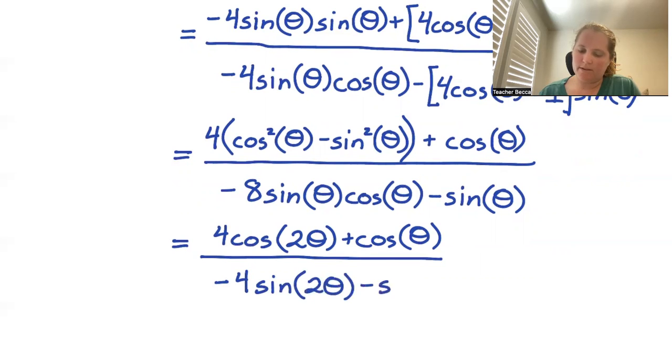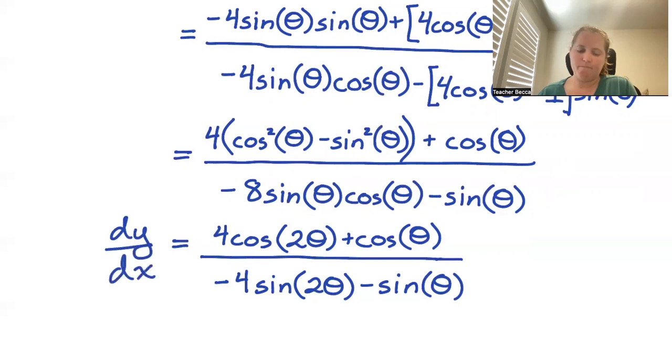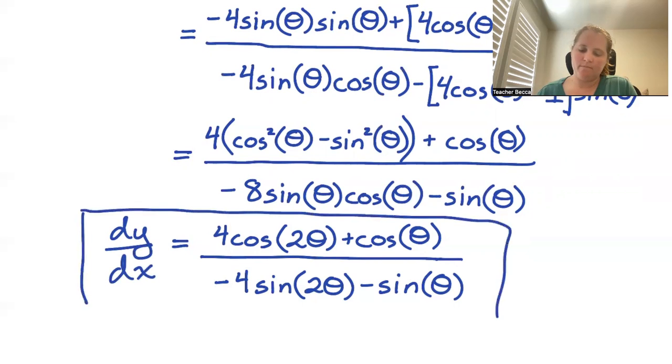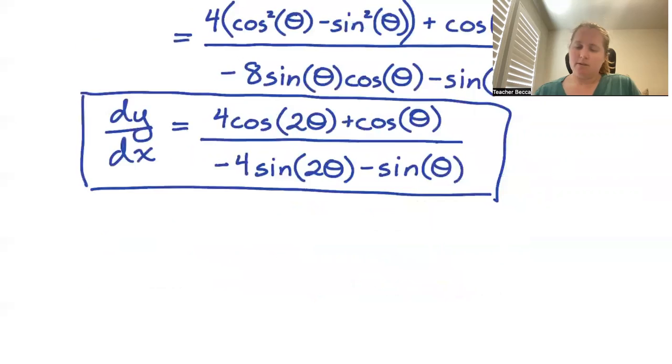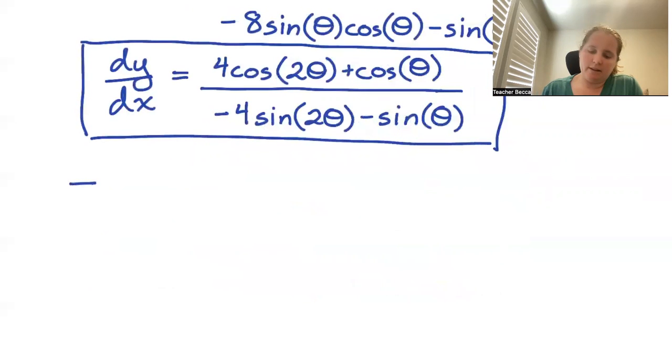And then we have minus sine of theta. So this is our dy dx in slightly simplified form. Once we have dy dx, we can certainly find our tangent line. So next step is the tangent line.